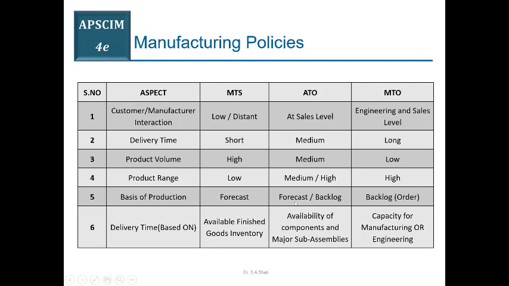Prediction is made that for the next so many years, this product will remain in the market. And sometimes, if some special order or special type of batch is ordered by the customer, and if the company has the capability, they can use the backlog philosophy, like the customer order philosophy.